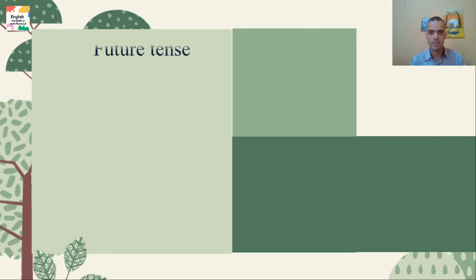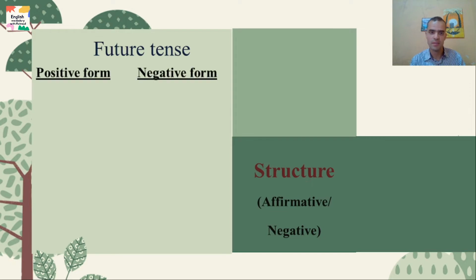So we're still with the future tense, but now we will see the structure of the future tense. And we have the affirmative and the negative structure. We call it as well positive form or negative form. First, we will start with the simple future. So this is the structure. I will eat. This is the positive form. I will not eat.